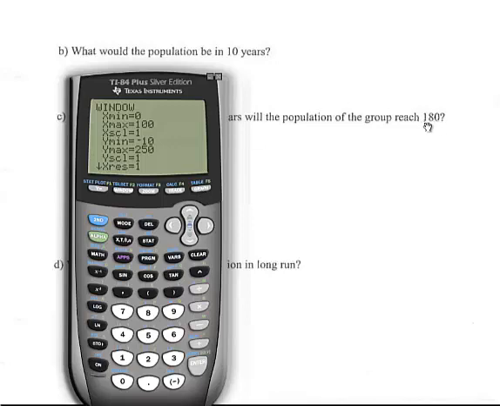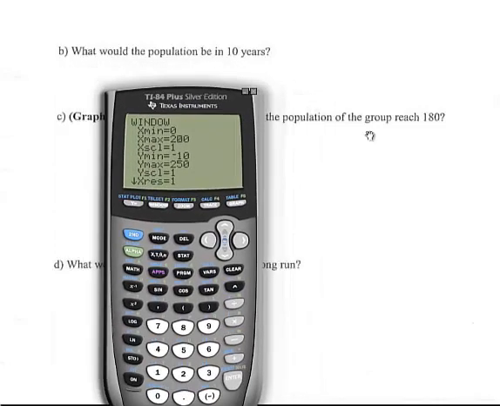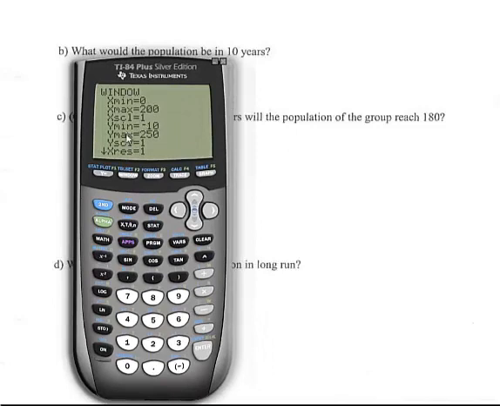Well, actually, let's put in 200, because x represents our time, and the 180 is our population. So y is our population. We entered a number bigger than 250. Your guess is as good as mine as to how long that's going to take. So let's go with 200 and see what we get.